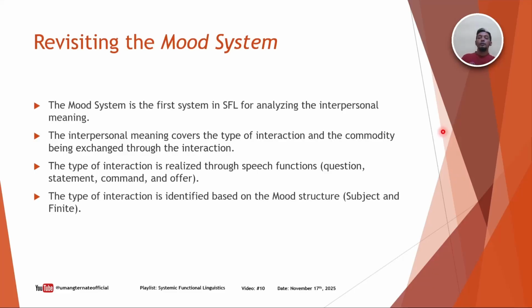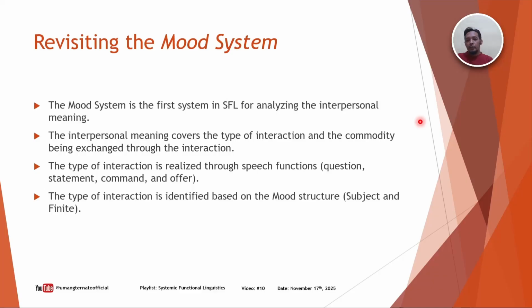I do hope that you still remember the mood system, but now we will have a very brief revisit of what the mood system is and the function of the mood system. As you can see here, the mood system is the first system in systemic functional linguistics that we can use to analyze the interpersonal meaning in the clause.